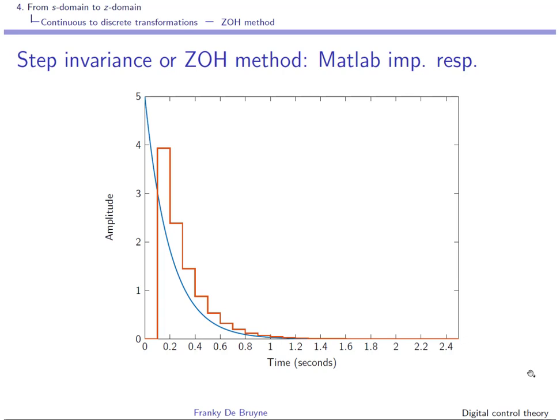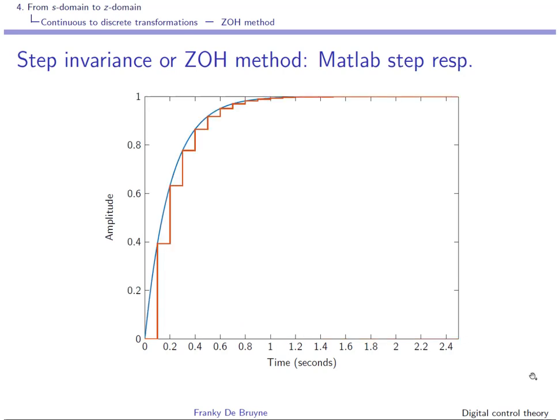We will see that when Ts is decreasing, the difference between the discrete impulse response and the continuous impulse response will become smaller and smaller.